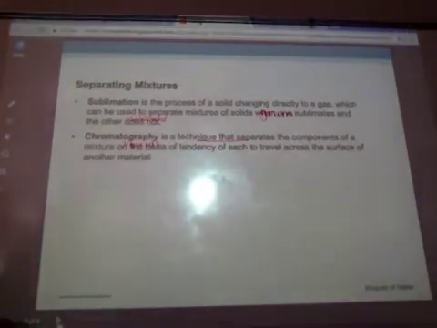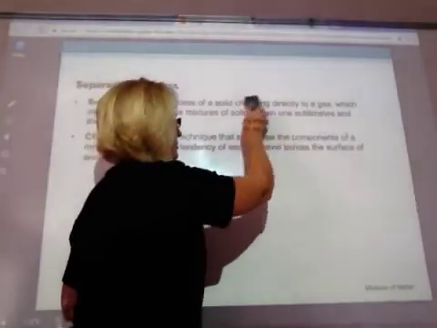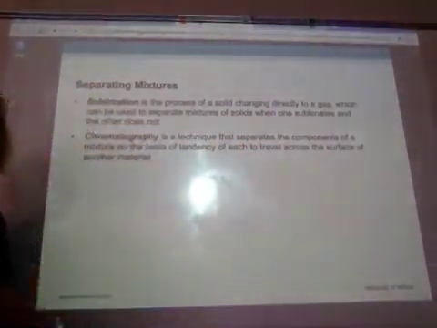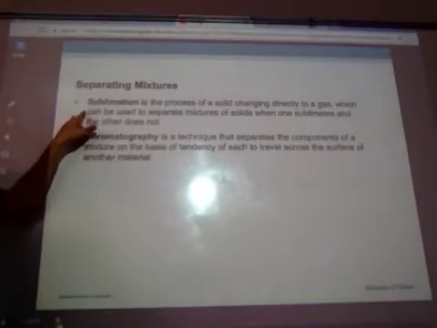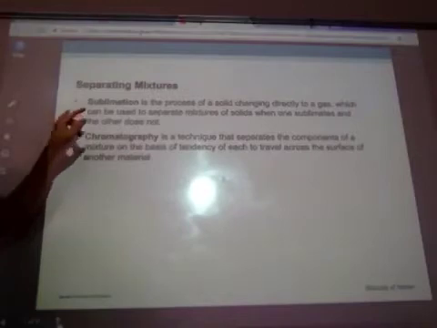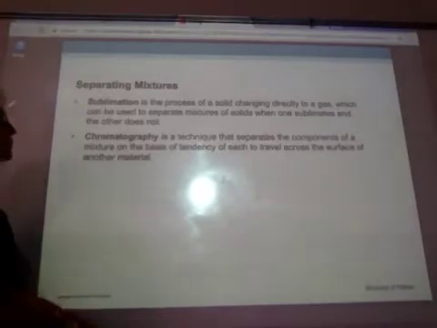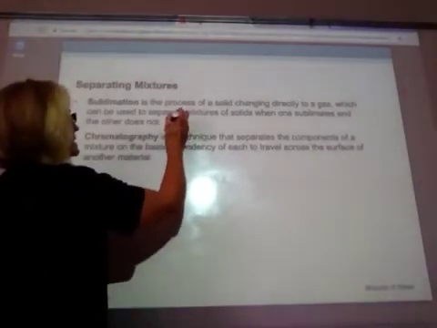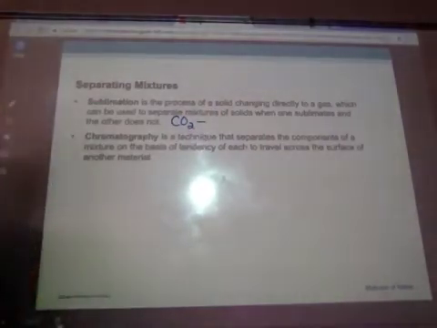A couple other ways. Sublimation, which is a term used when we talk about phase changes. Sublimation is the process of a solid changing directly to a gas, and you can use that to separate solids if one of them sublimates. So for example, CO2 can be frozen.